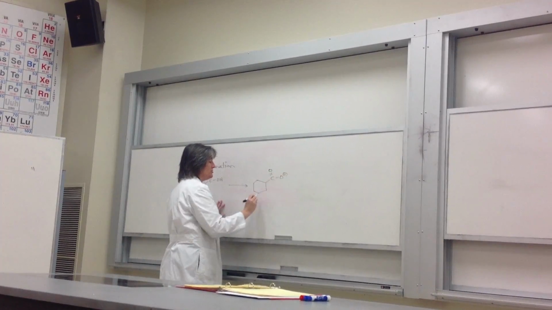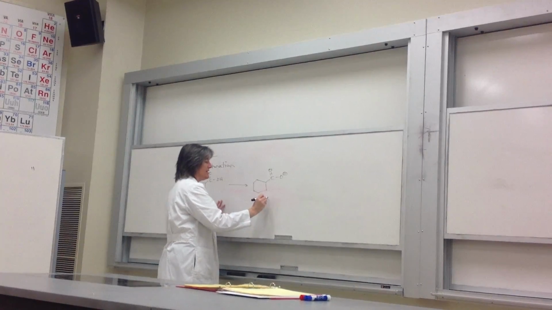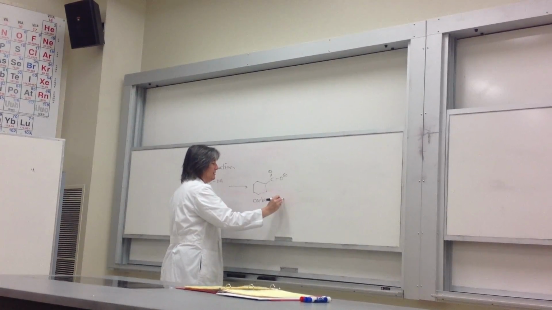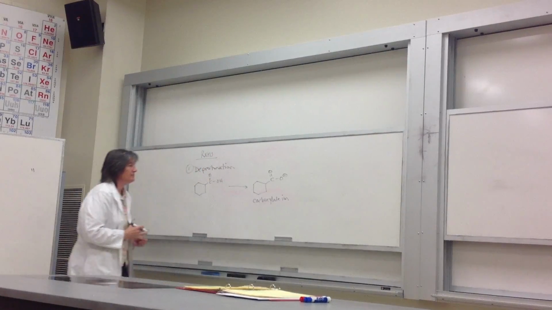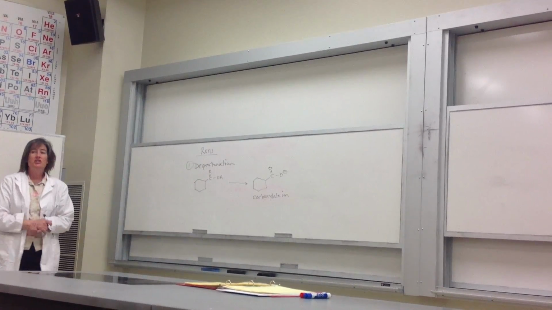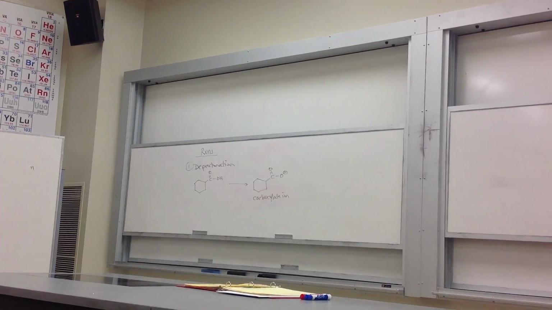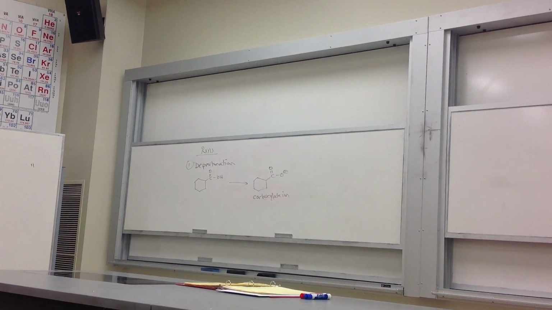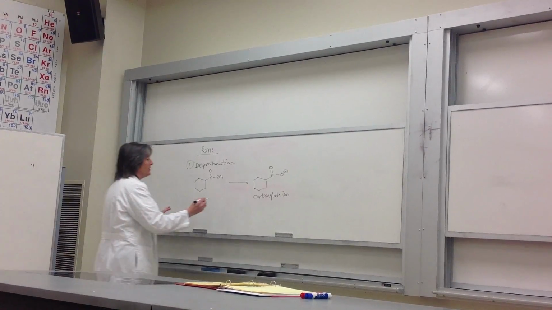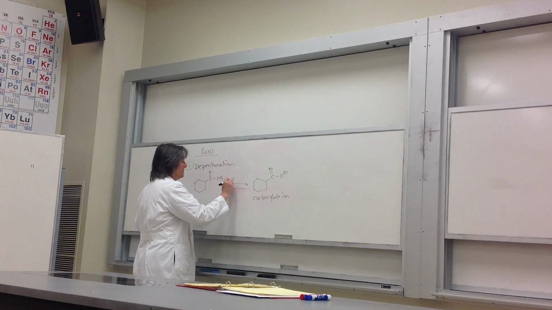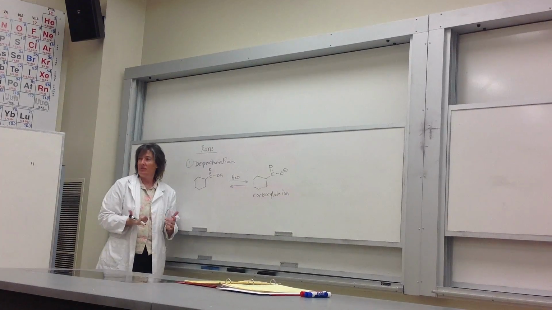And I want to make the carboxylate ion. I could just put it into water and let it dissociate, but it's a weak acid. And so if I were to do that just in water, there's going to be an equilibrium.